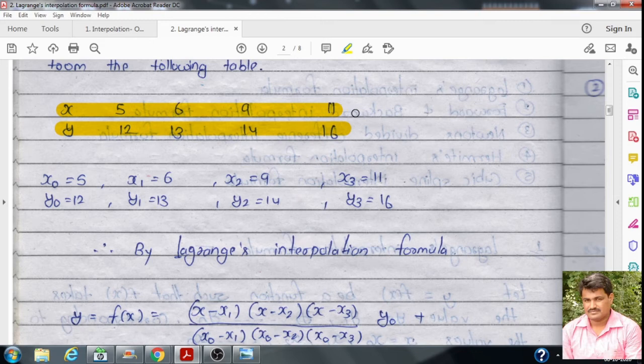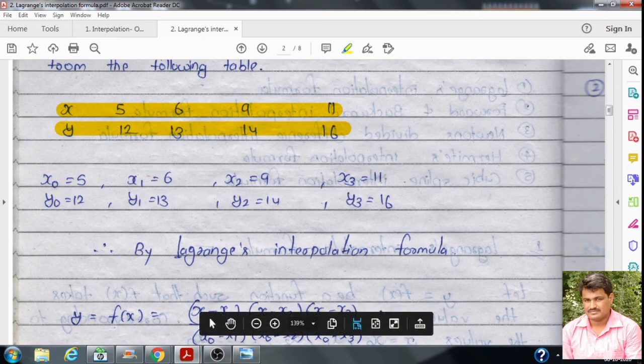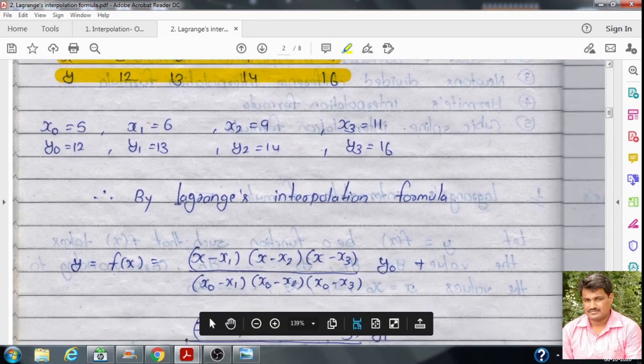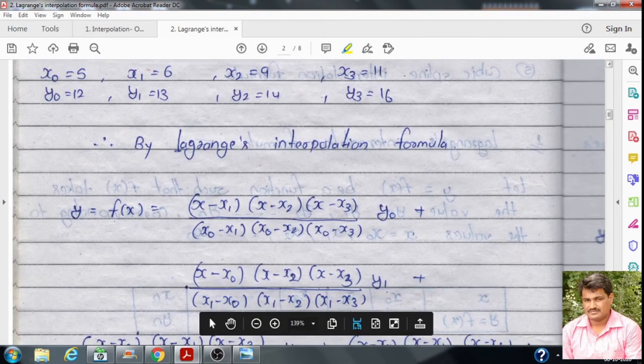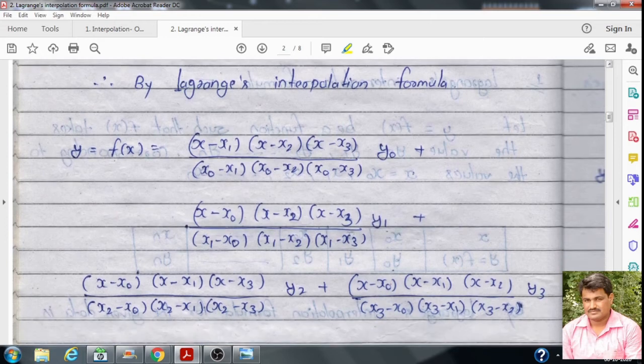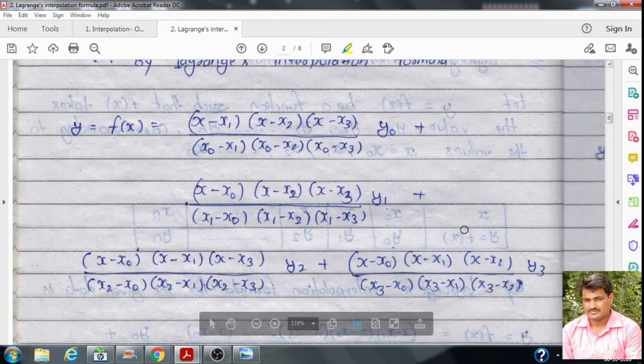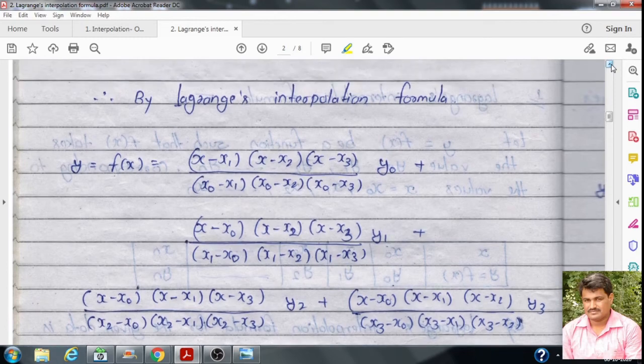Means here n is equal to 3. n is equal to 3 means n plus 1 points, means 3 plus 1 points, means 4 points. Then we define Lagrange's interpolation formula up to n plus 1 terms. Means we consider up to y3. Means y is equal to f of x. We have total 4 factors for this polynomial.